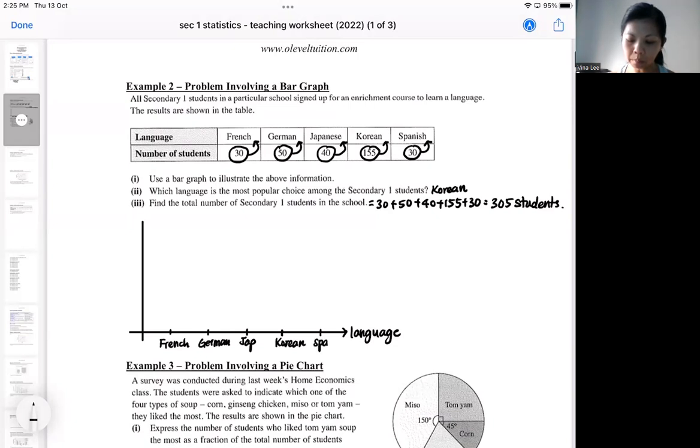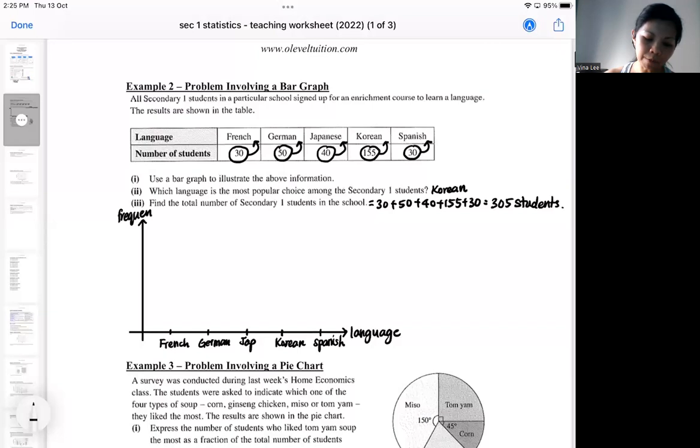Then I'm going to do the bar chart. The bars must be the same width. The width of the bar should be standard. And then the height, this part should represent the frequency.